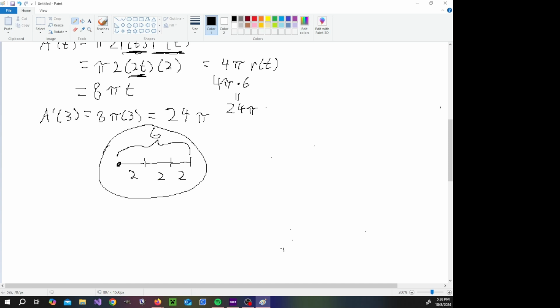So this is 24 pi square meters per minute. Some people would write that like this. That's great. Whatever you want. You can write out the whole thing, including PER instead of the slash. Yeah, very good.